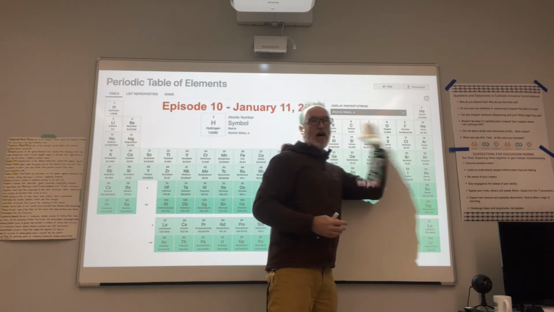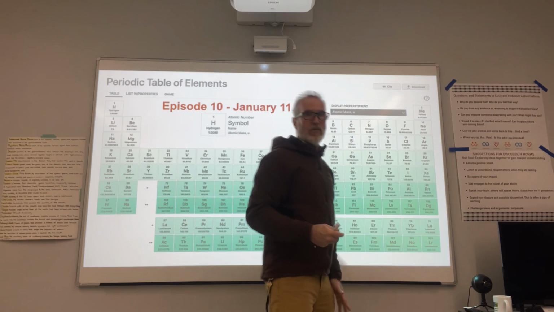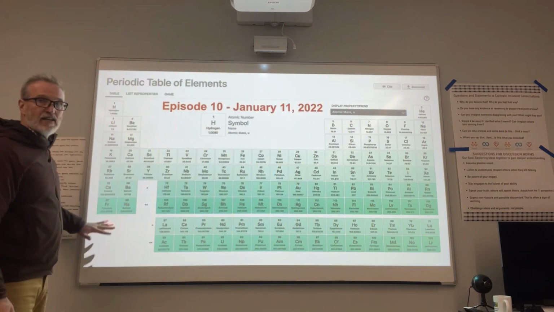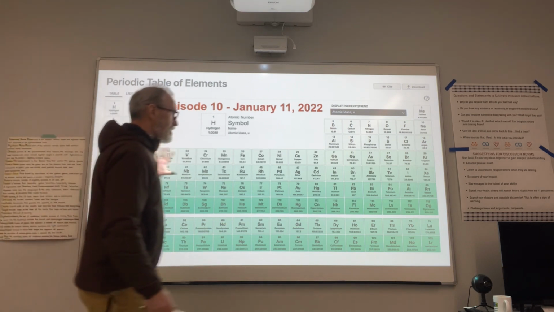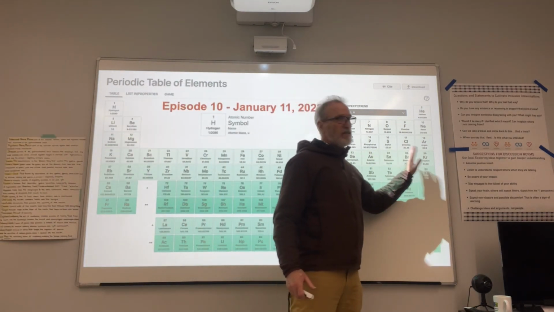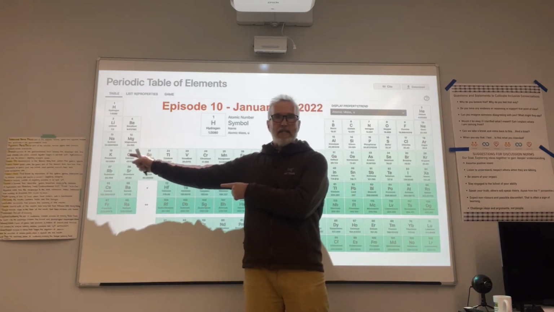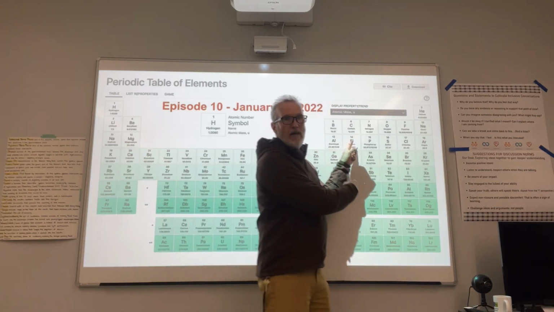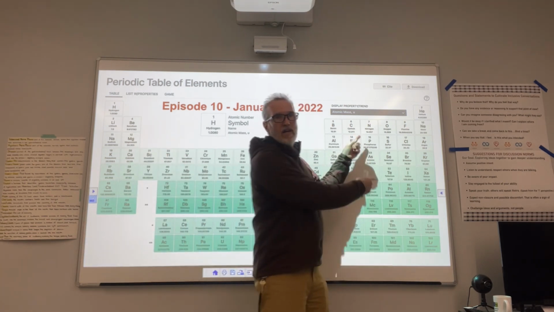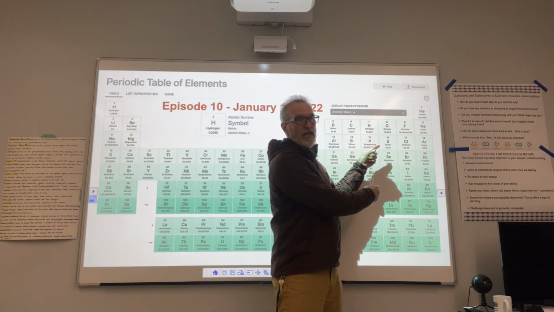So we've got the nonmetals over here, including the noble gases. So when we talk about metallic character, high over here, moving to less metallic and not metallic. High on the left, not metallic on the right.